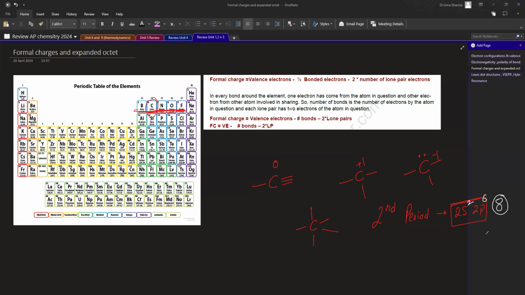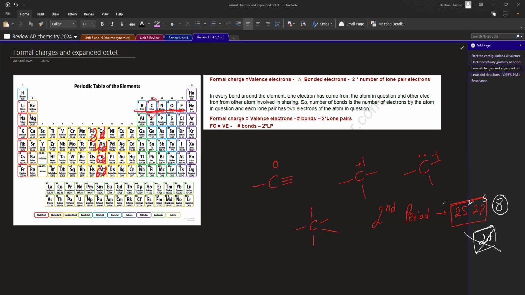Do you have an empty 2d there? Do we have? No. There is no 2d. D starts from 3. 3d is there, 4d is there, but there is no 2d, right? You know that when we were writing electron configuration, this is 3d, 4d, 5d, 6d, but there is no 2d.